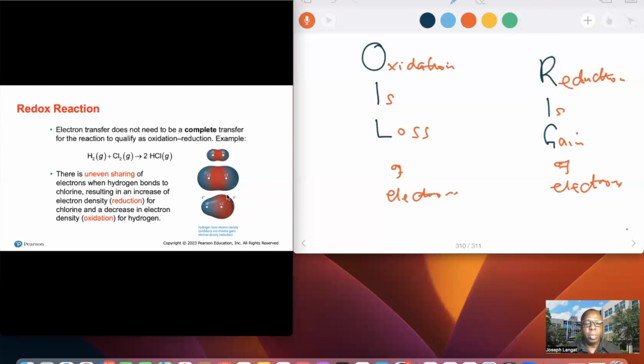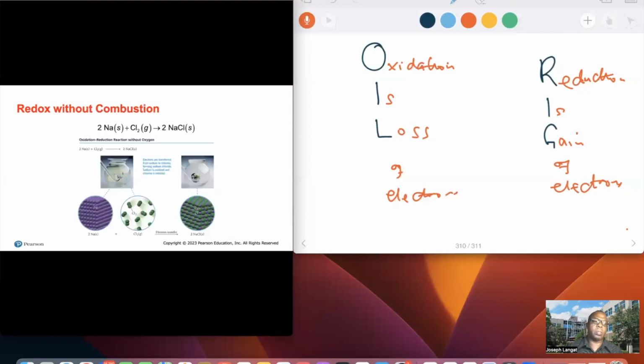One side of the molecule is electron rich, the other side is electron poor. Using the electrostatic potential map, this region with blue color indicates electron deficiency, positive. Therefore, reduction is taking place here as well.